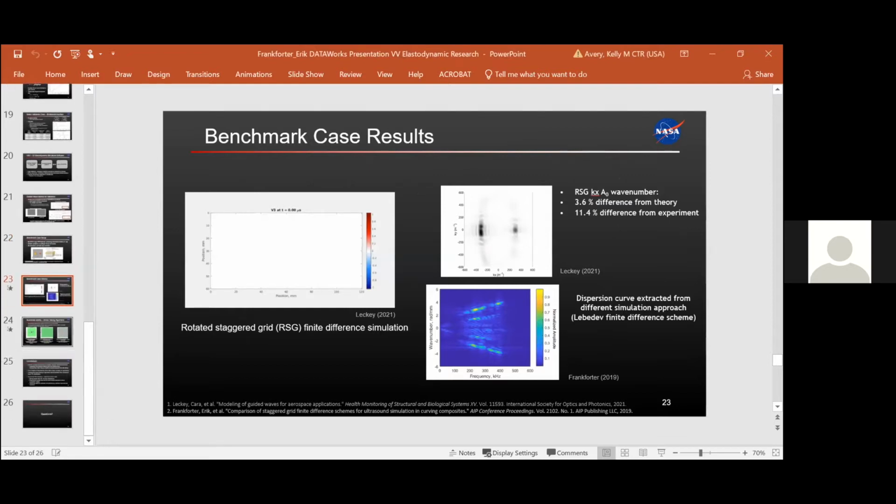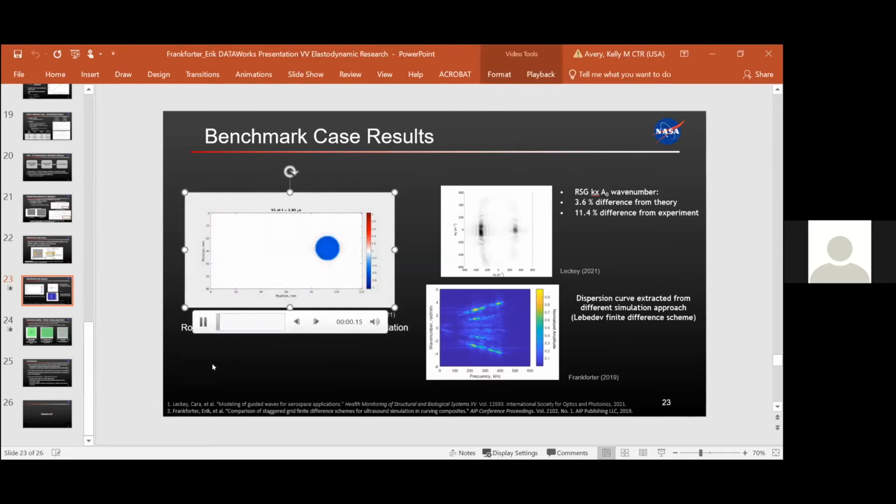Actually, on that left figure, if you click the play button, we can see the wave field emerging from the right-hand side with the transducer, propagating over to the delamination. You can see a reduction in wavelength where it hits that delamination, and that reduction in wavelength is creating a kind of damage-associated wave load that's associated with the two plies of the delamination.